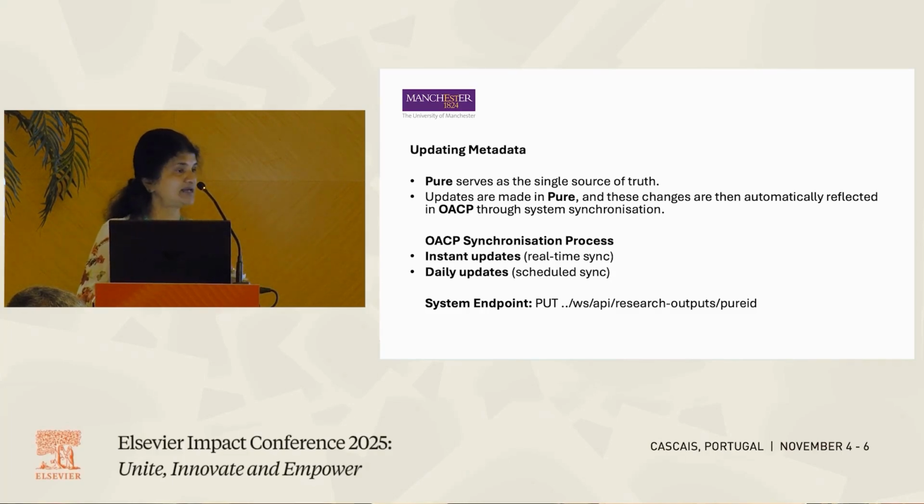One is instant update, where the update occurs immediately, receiving data from Pure to OACP for that particular record. The other one is the daily scheduled nightly synchronization process, which will check all the Pure records and bring in any updates back to OACP. For example, an author can be updating the record, or an administrator can be updating the record. All those updates are brought back to the OACP on a nightly basis.